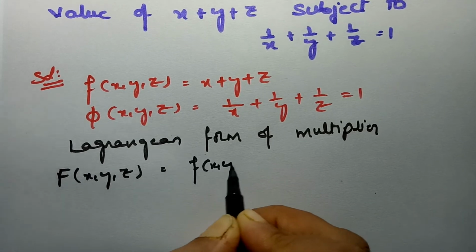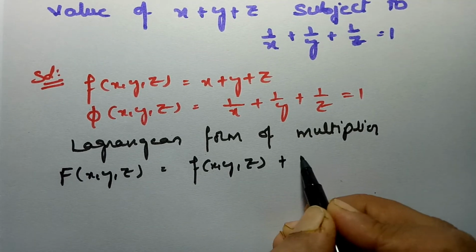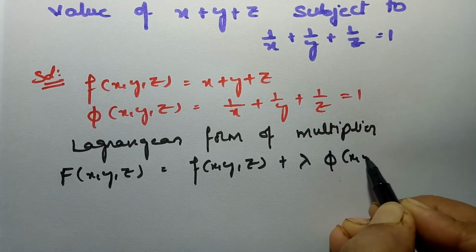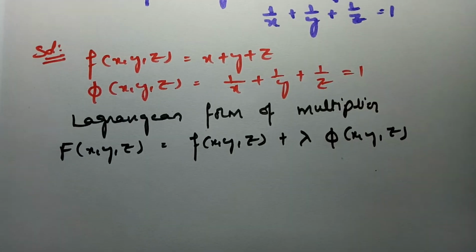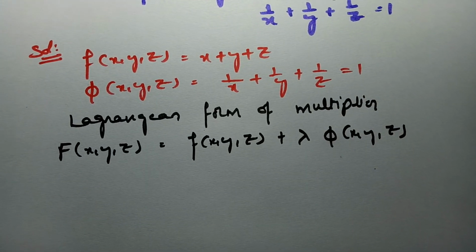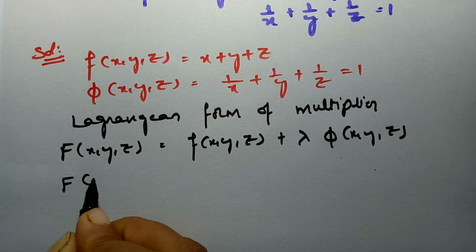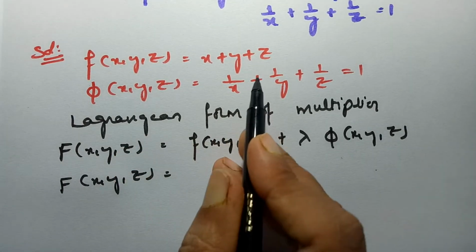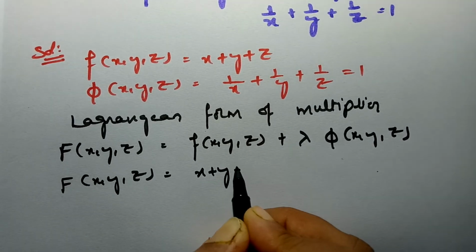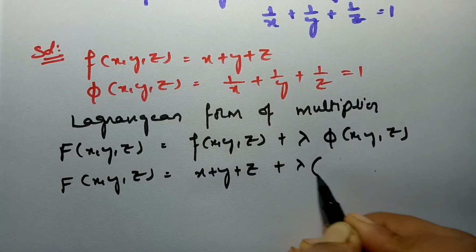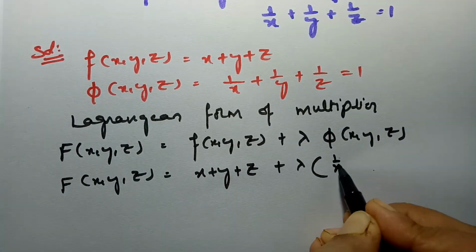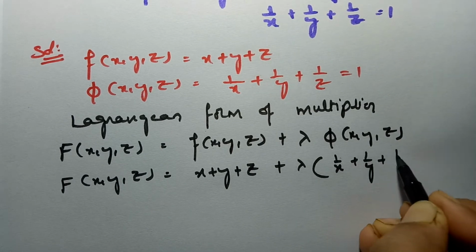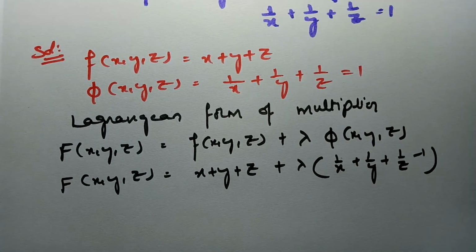So that is small f of x comma y comma z plus lambda times phi of x comma y comma z. So we have to substitute. Now capital F of x comma y comma z is equal to, what is the function here? The function is x plus y plus z plus lambda times, what is this function? That is 1 by x plus 1 by y plus 1 by z minus 1.